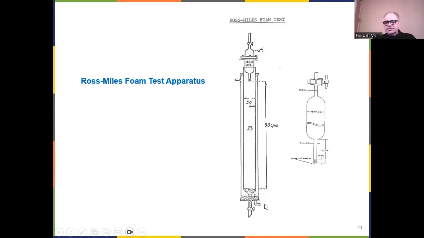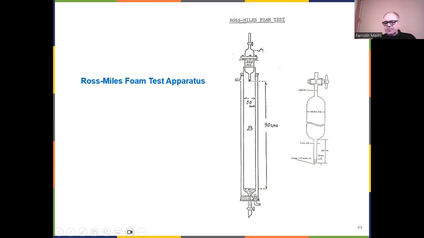Here's a schematic of the Ross-Miles foam volume test. Basically, what we have is a dilute solution of surfactant in a cylindrical glass tube, about 5 centimeters in diameter and 90 centimeters in height.